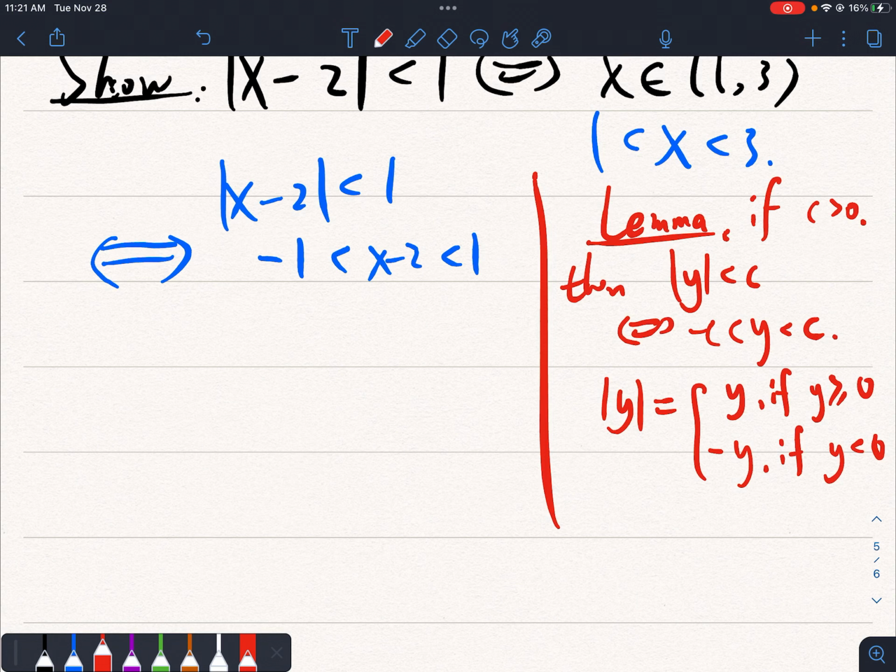And we want, for some real number y, the absolute value of y to be less than C. So we can divide into two cases. If y is bigger than or equal to 0, then the absolute value is y itself.